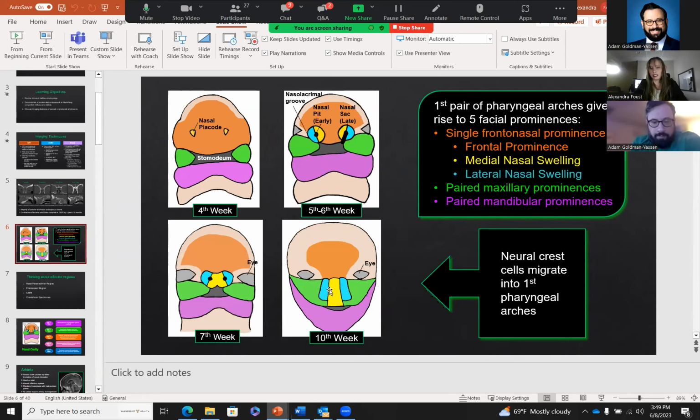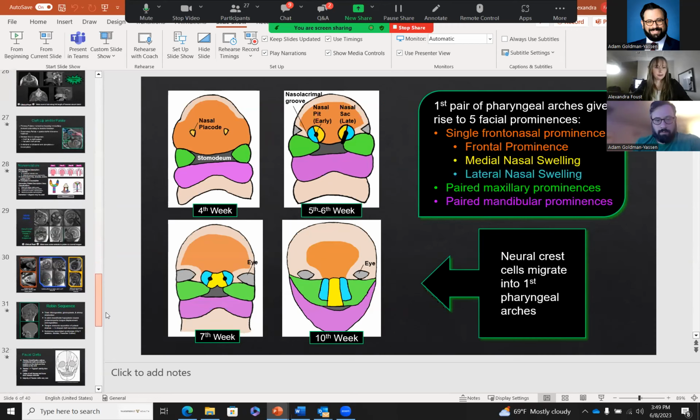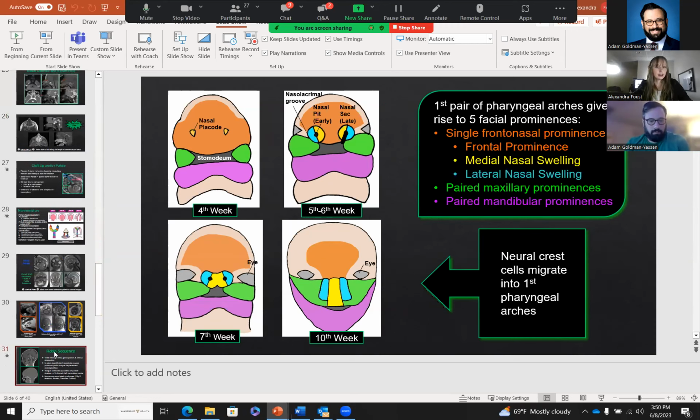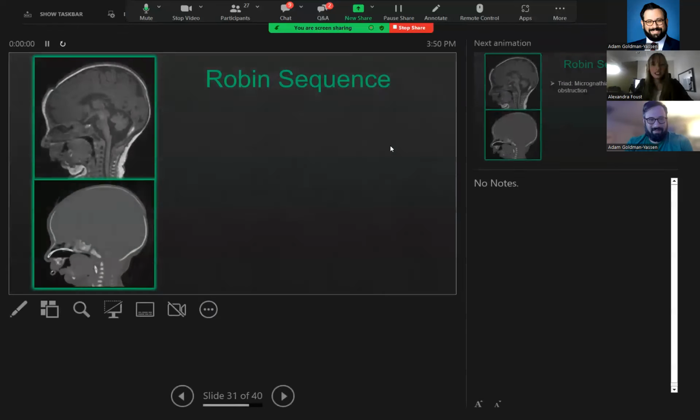It happens a little bit later, and they start out coming together sort of inferomedially pointed, and then they're going to come to the midline and they'll lift up and fuse. All right, so let's keep that in mind, and then let's go back and look at this slide again. Maybe that made it more confusing, I don't know. All right, let's go back to Robin.